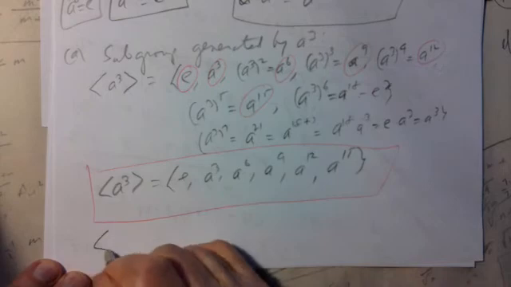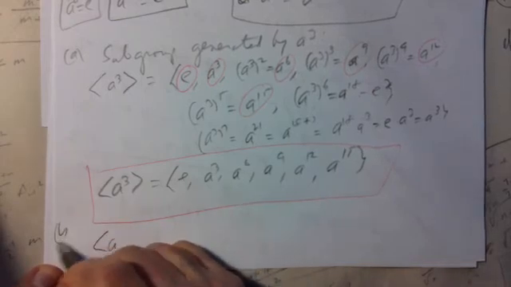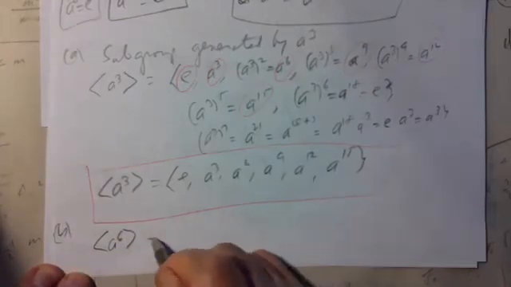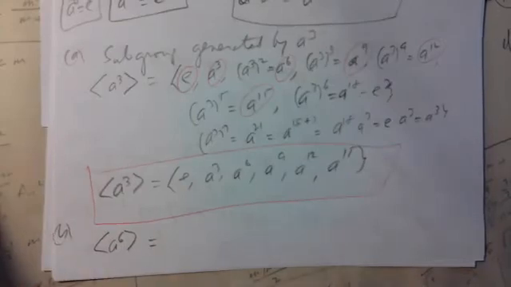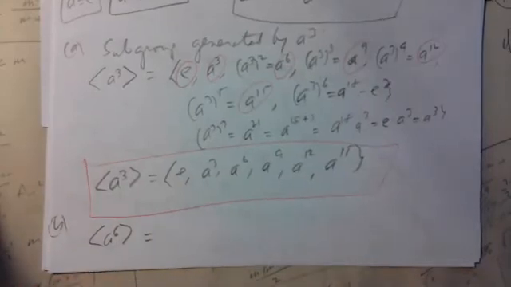All right. What about the subgroup generated by a to the sixth? Does someone want to calculate this and tell me what are the elements in this subgroup?